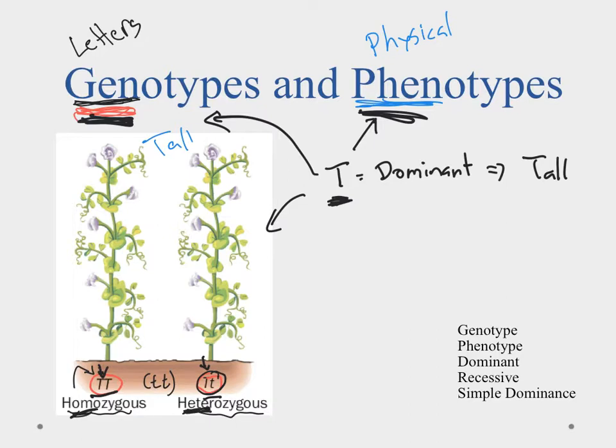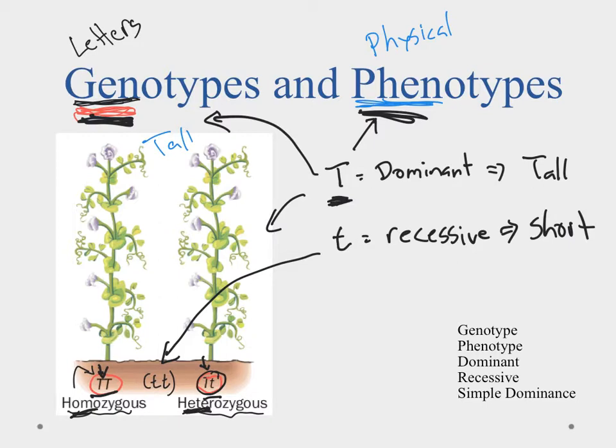Now the opposite of this is this lowercase t, and this lowercase t is what we'll call recessive. And the only time we see this recessive trait is when there's no capital T's to mask it, to hide it. So the only time we see this recessive condition is when it's homozygous recessive, and that's how we end up with a short plant here.